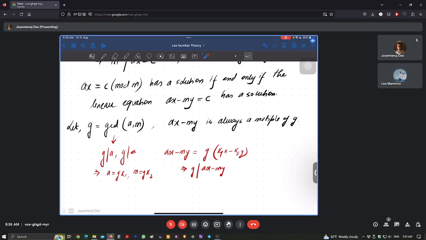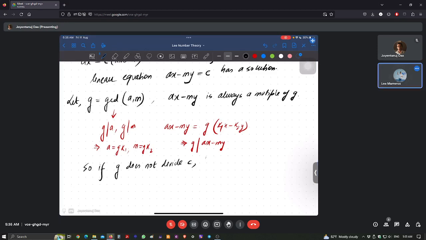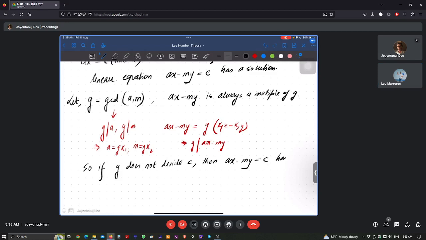So this may not always have a solution, because if c is not a multiple of G, then this equation does not have a solution. That is the observation: if G does not divide c, then ax minus my equals c has no solution.